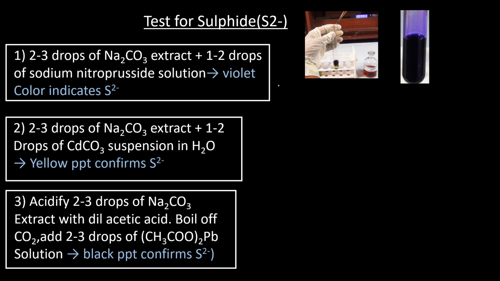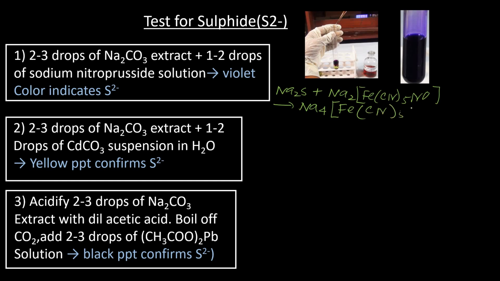Your sodium sulfide plus sodium nitroprusside solution, same thing, Na2[Fe(CN)5NO], and then you'll get the complex. What is that complex? Na4[Fe(CN)5NOS]. And the color of this complex is violet, right?